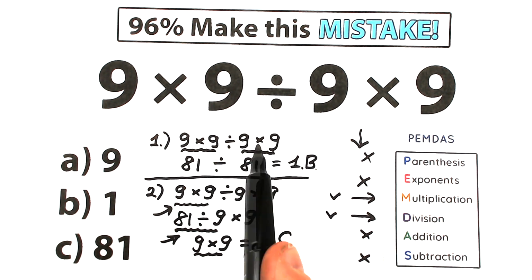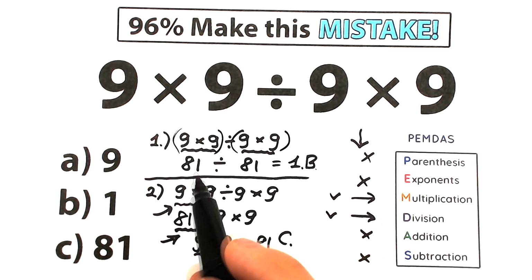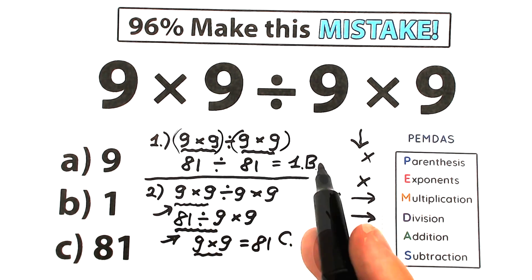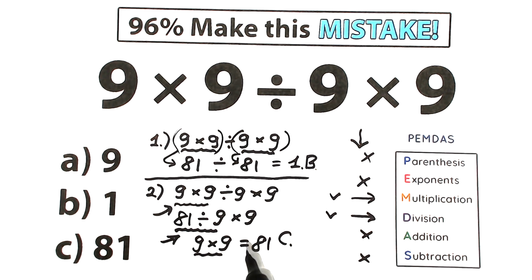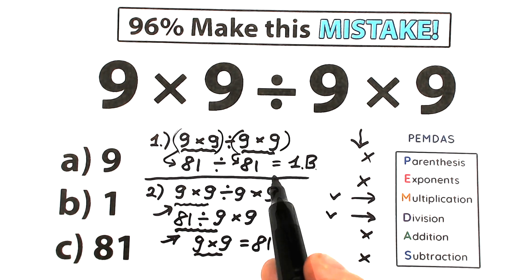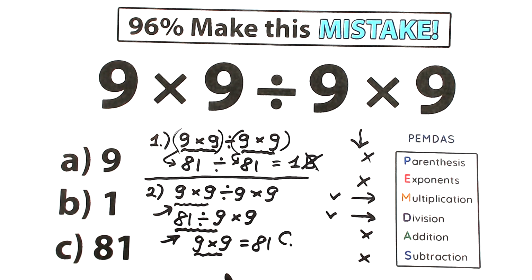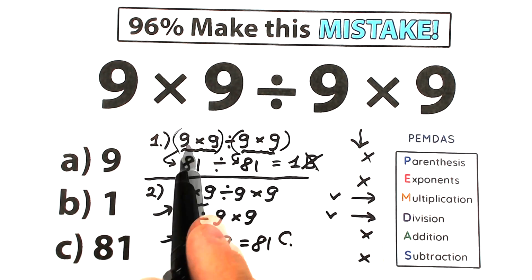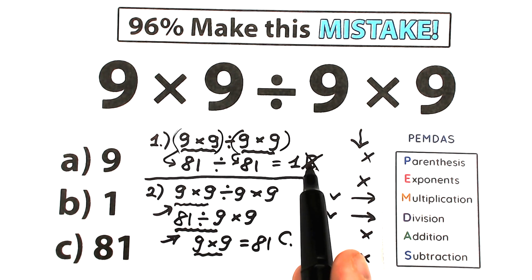This would be a great solution if we had parentheses, because then we should multiply 9 times 9 and 9 times 9. But in our case, we don't have parentheses, so B is a wrong answer.